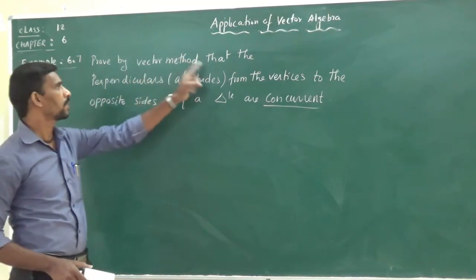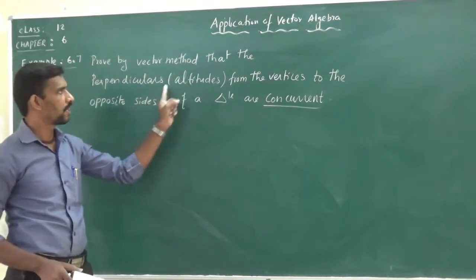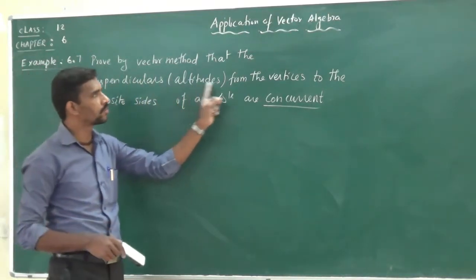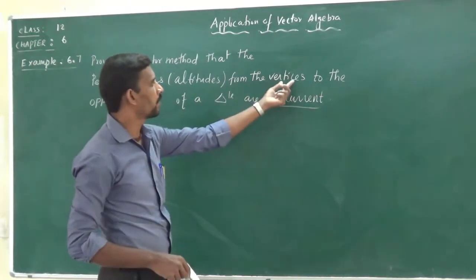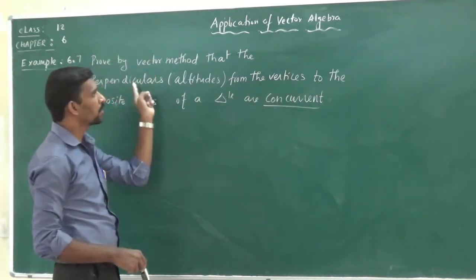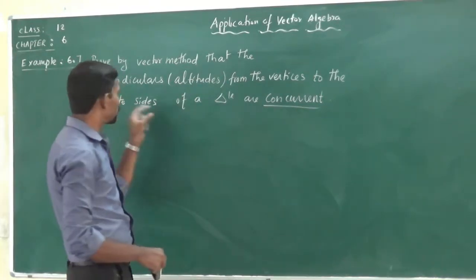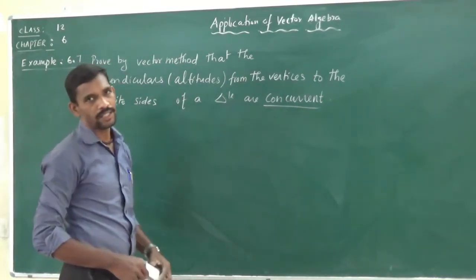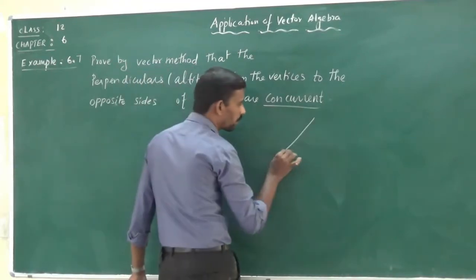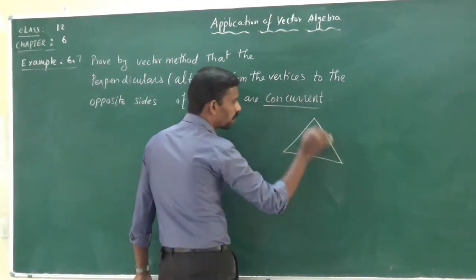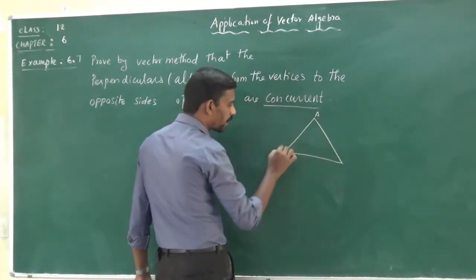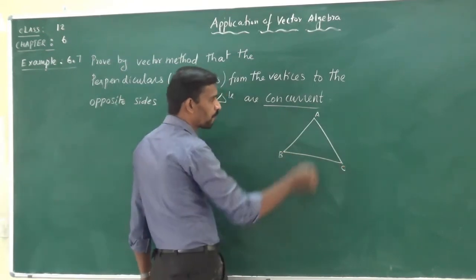Prove by vector method that the perpendiculars, that means altitudes, from the vertices of a triangle to the opposite sides are concurrent.